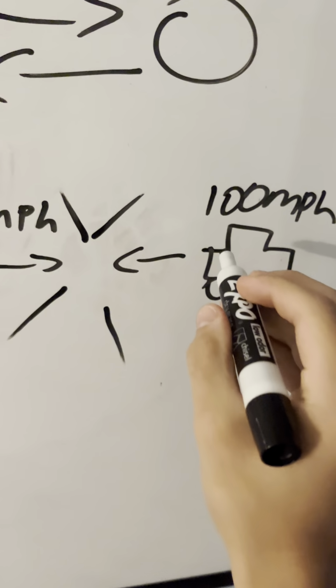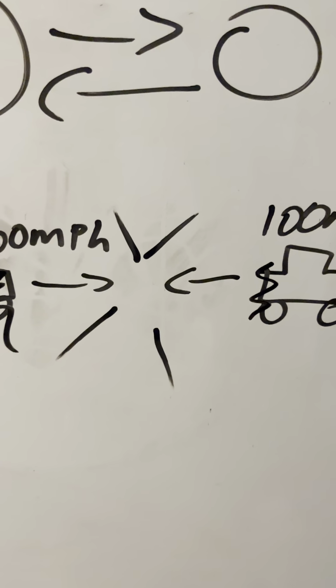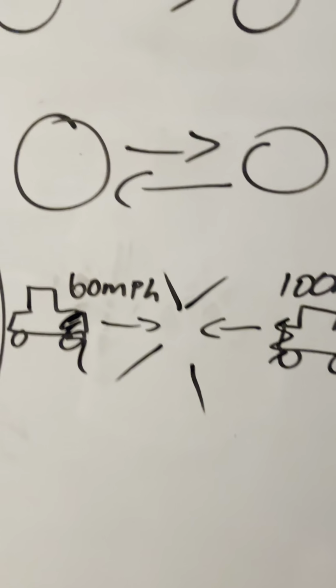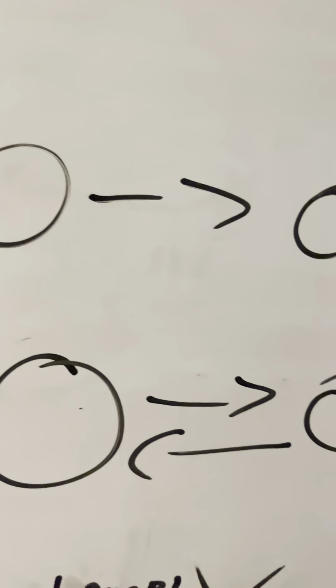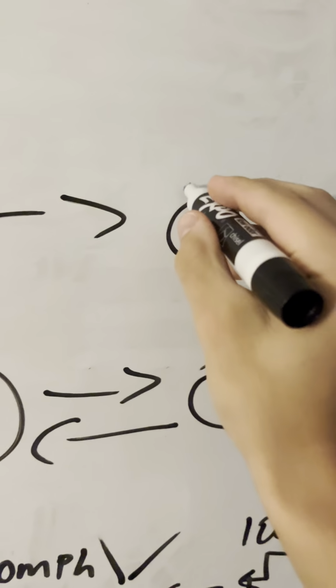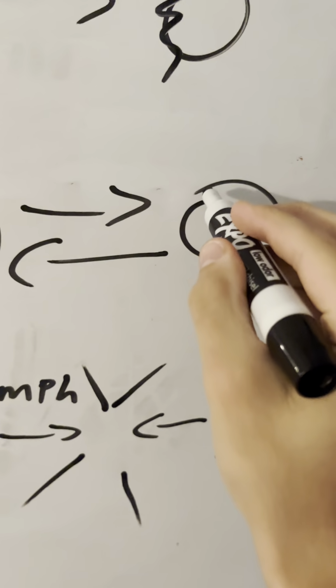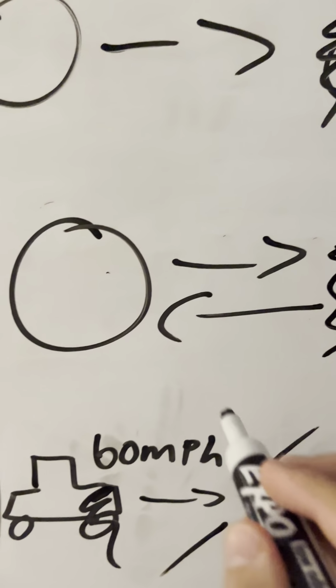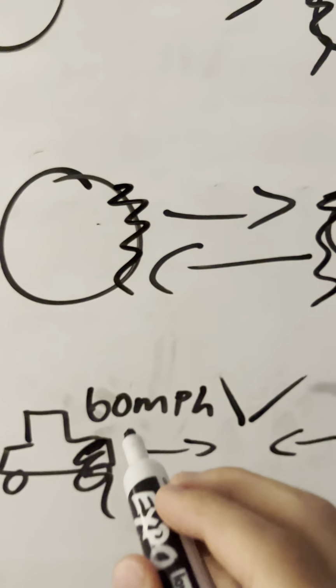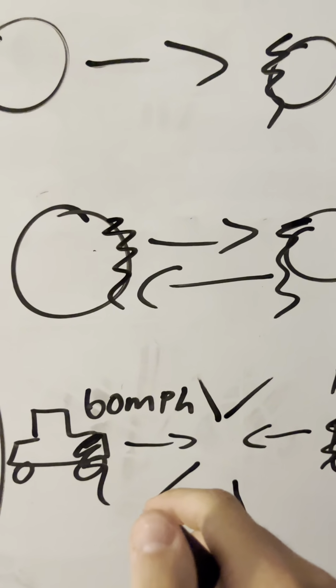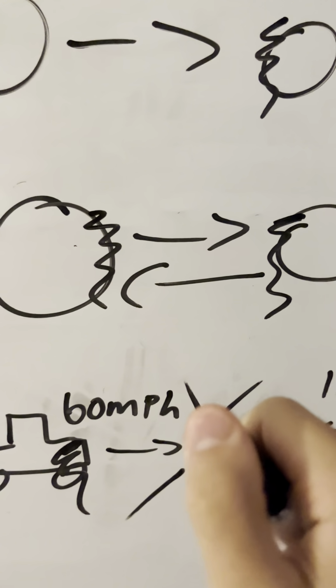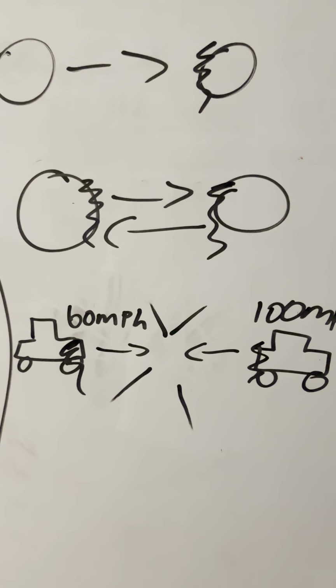This gets all messed up and this gets all messed up as well. It's easy to think that because of this acting upon this, only this will get messed up. But what isn't realized is that along with the fact that this gets messed up, this too gets messed up as a result of the influences that they had upon each other.